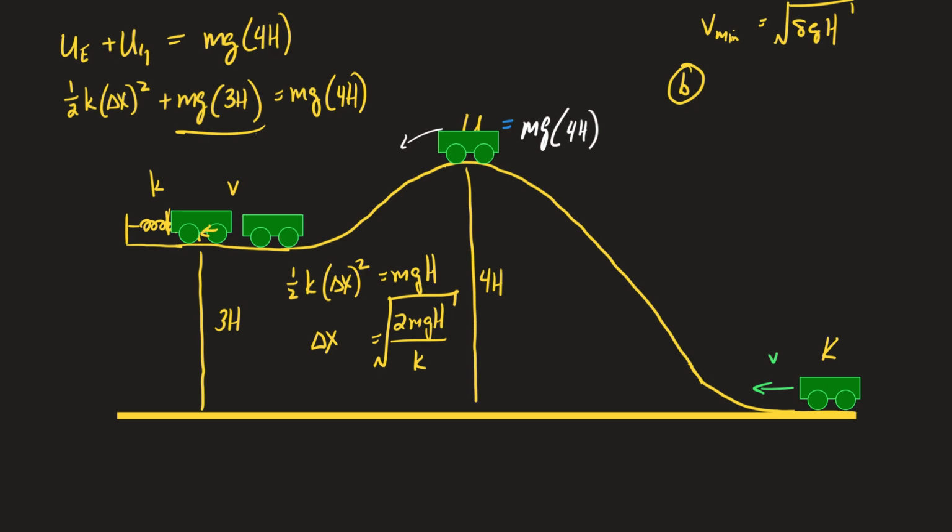So the cart's at all these places at different times, right? So when we were looking for the velocity of the cart here, before it hit the spring, right? So this is before it hit the spring.